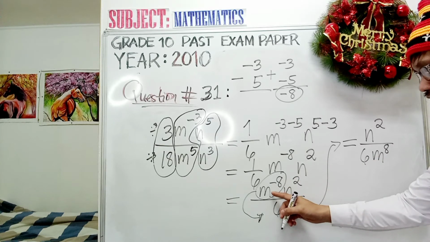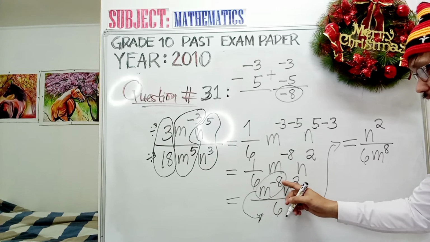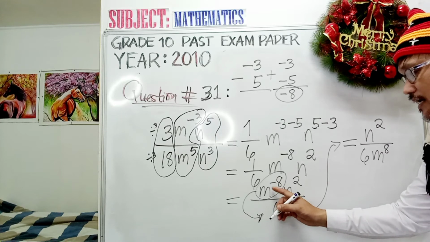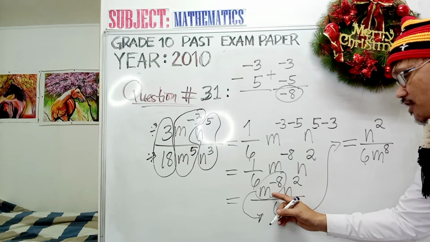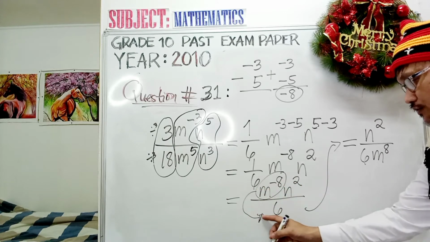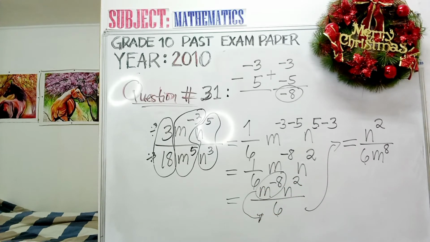Because we try to make the index positive, and in doing so, you need to move the expression m to the power of negative 8 down to the denominator, and this is what we have, and this is now our final answer expressed in a positive index, and this is the answer that you should write down in your answer sheet.